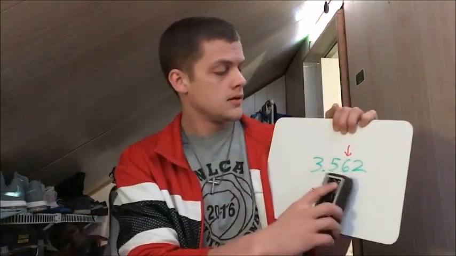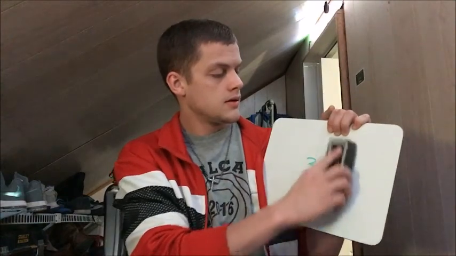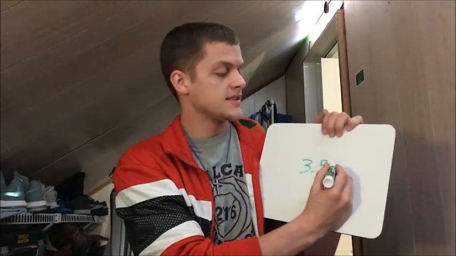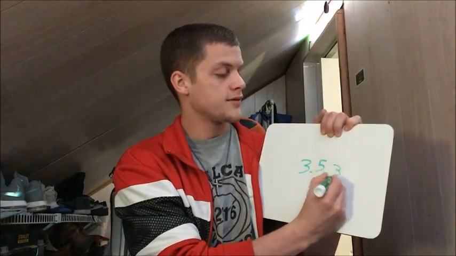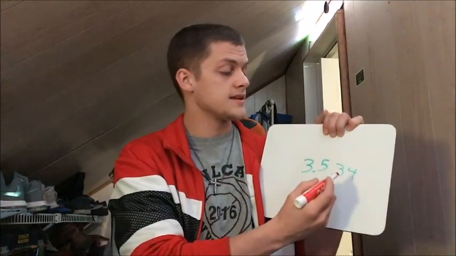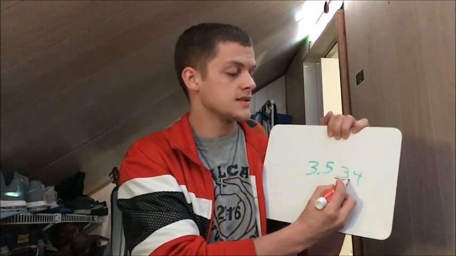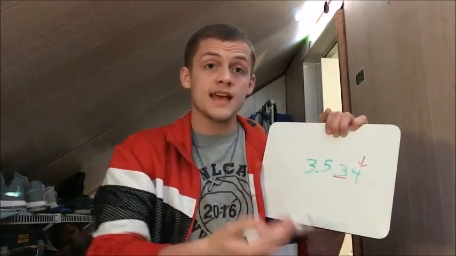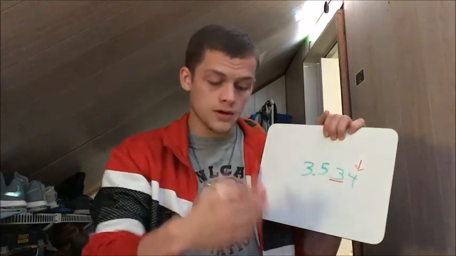Or if we had 3.534, and I told you to round to the hundredths place. Here's the hundredths place. Determining digit, one to the right, and it's less than 5, so we know we're going to round down.